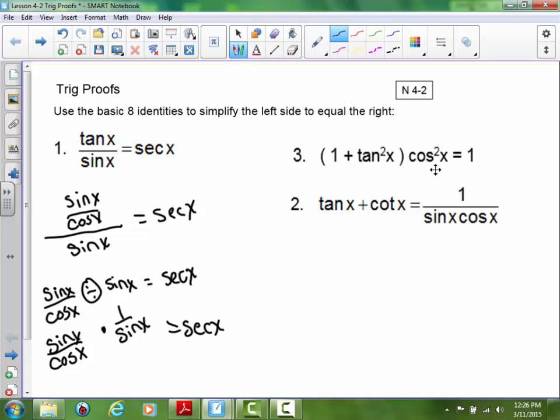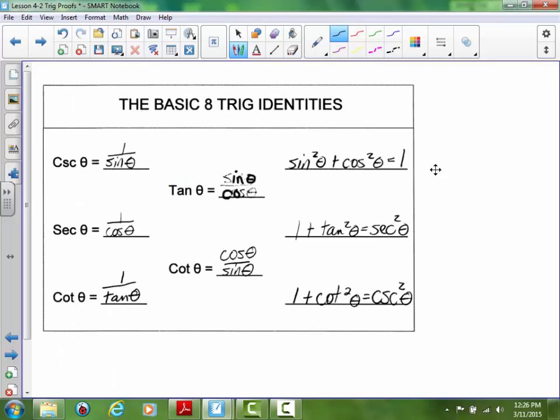Okay, because I'm multiplying, equivalent factors can divide out to 1. So I now have 1 over cosine x equals secant x. And if I check my identity list, 1 over cosine x is the same as secant.